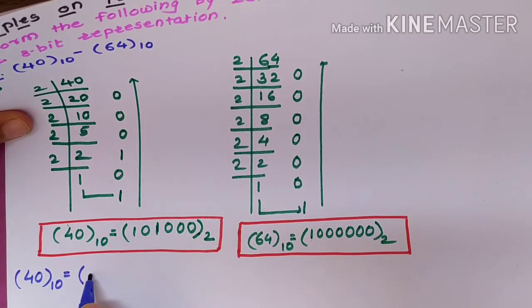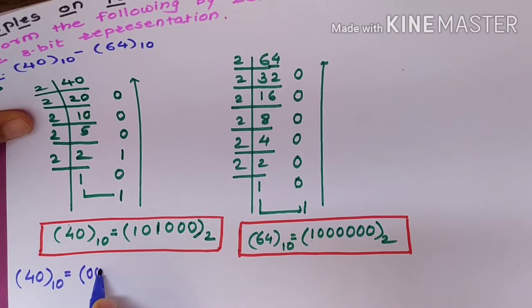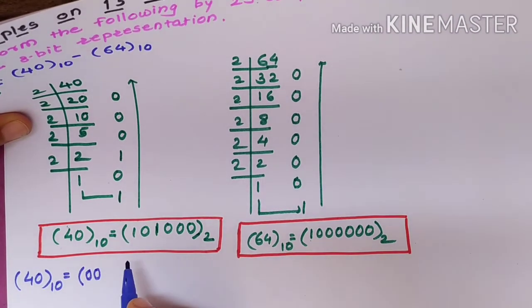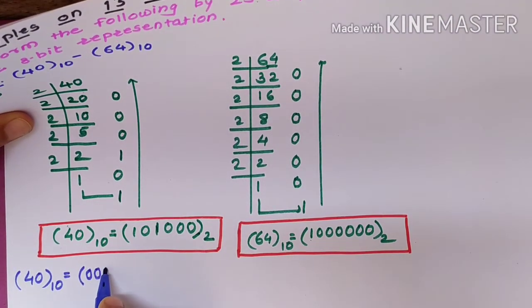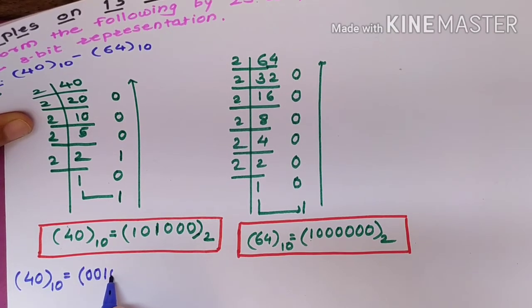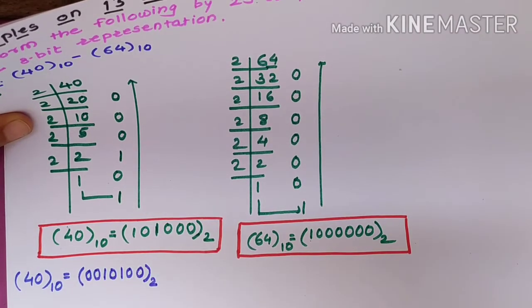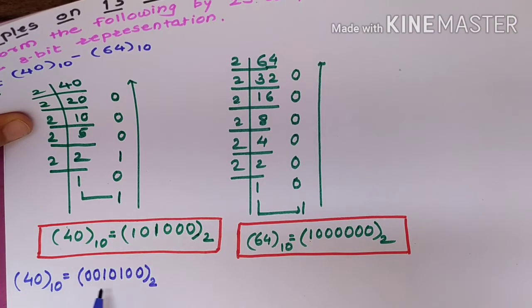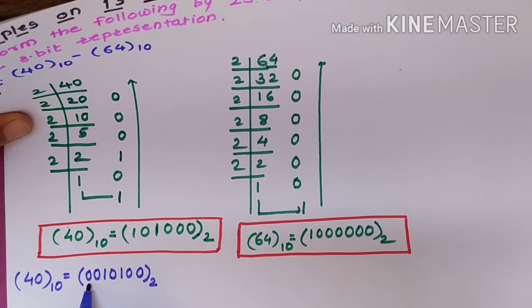So we add 2 zeros at the left side, because zeros at the left side do not affect the original value of the binary number. Therefore 0 0 1 0 1 0 0 0 is the 8-bit representation of 40 decimal in binary form.